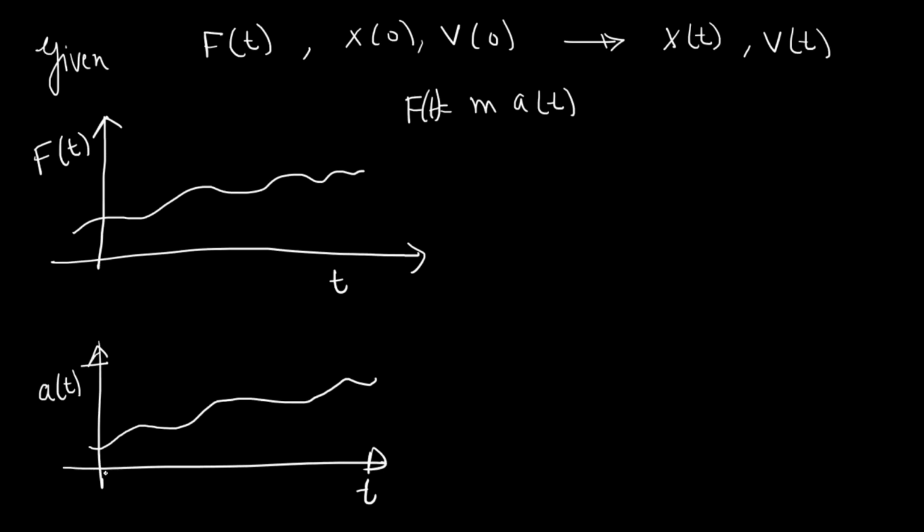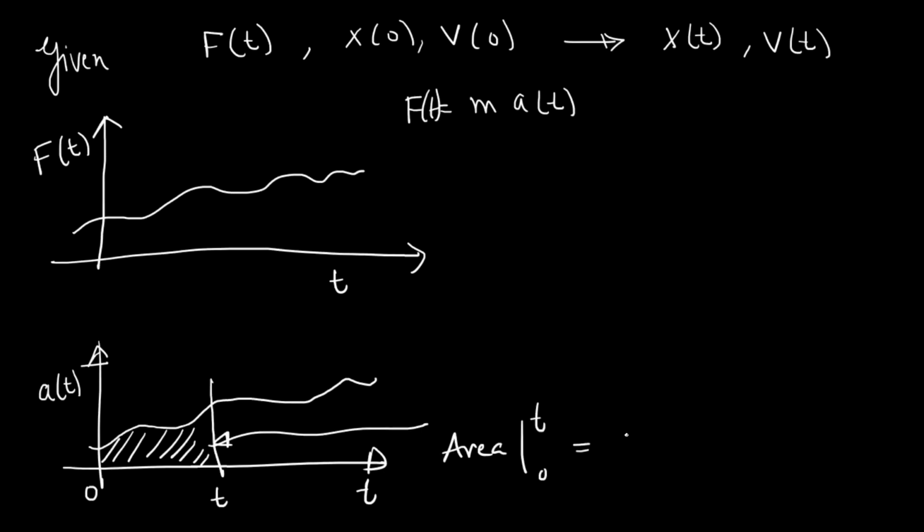Let's say that this is 0. Then one focuses on finding this area under the curve, which is possible because we have acceleration as a function of time. This area between time 0 and t is equal to, as we've studied, the velocity at time t minus the initial velocity, which is known because we've written here that it's known, and this is what we want.